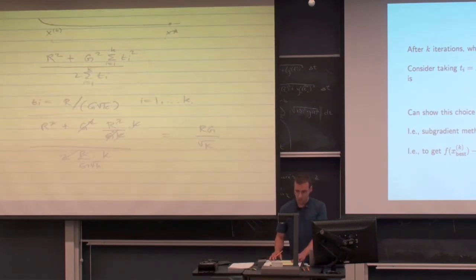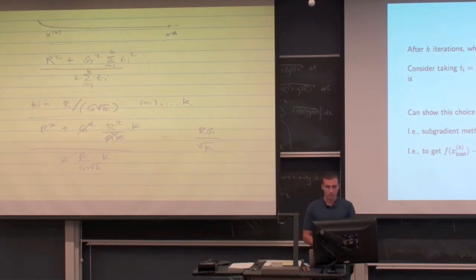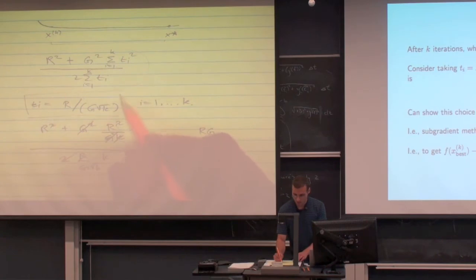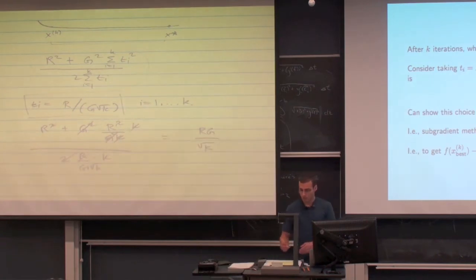So we just said that if we took our step size to be this, and we ran it for k iterations, then the error is going to be like this. That's exactly a complexity bound for our algorithm. After k iterations, our error is going to be at most rg over the square root of k.